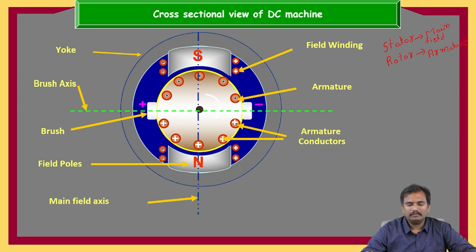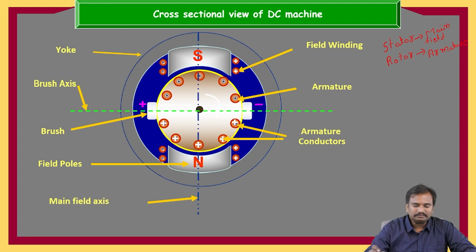On the rotor, we are going to have the armature and armature conductors. This is the rotor, and on this rotor, these are the armature conductors. Whatever is in the circle manner having the plus symbol and dot symbol, these are the armature conductors.